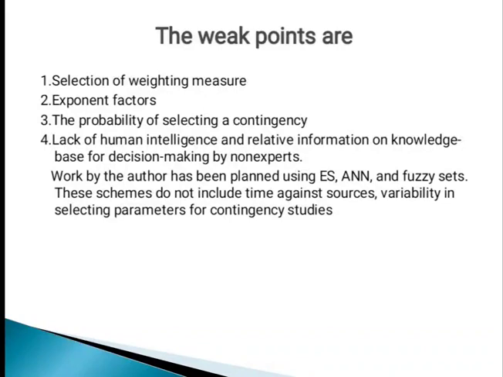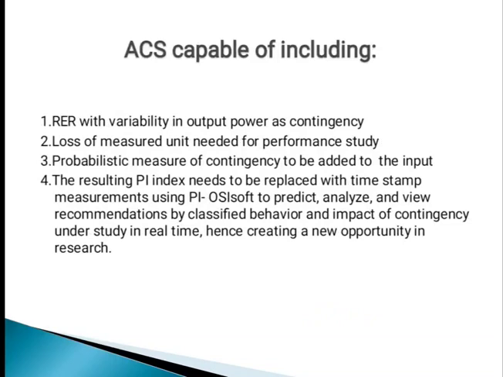Because of that, some new plannings or new techniques are involved. It may use ANN techniques, fuzzy logic, and other intelligent techniques, which will turn the weak points into good points. These schemes do not include the time against sources, and the variability in selecting the parameters for the contingency studies.